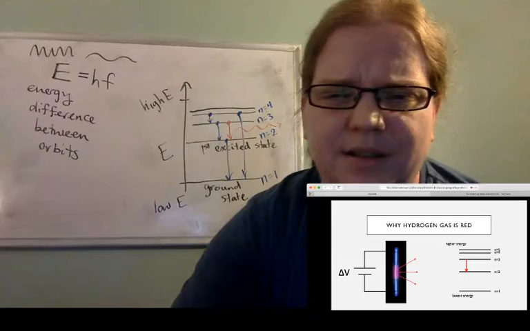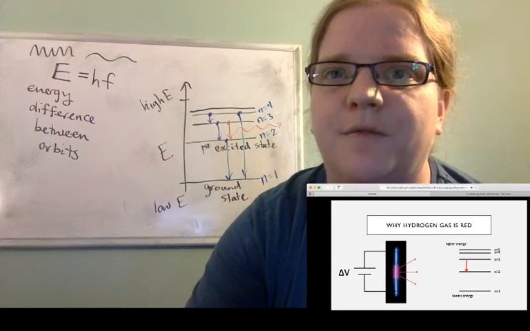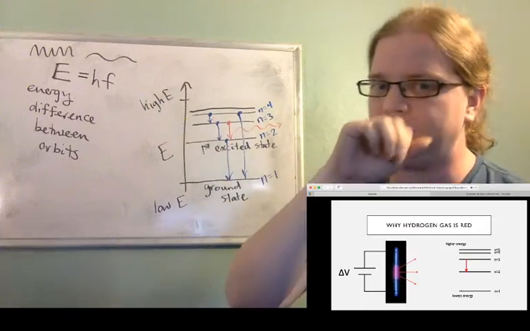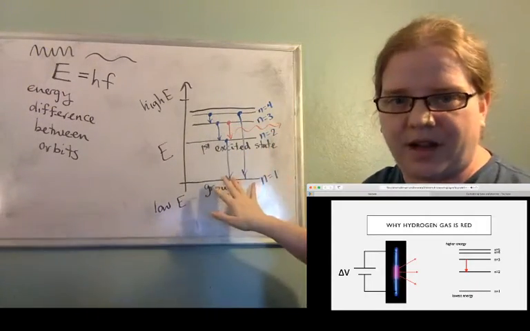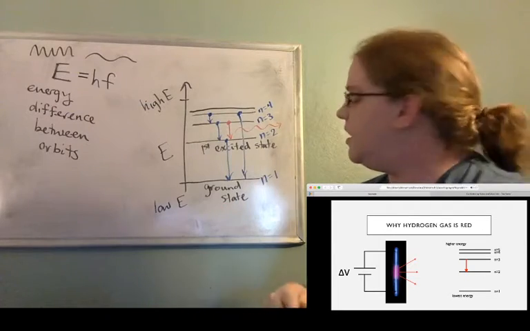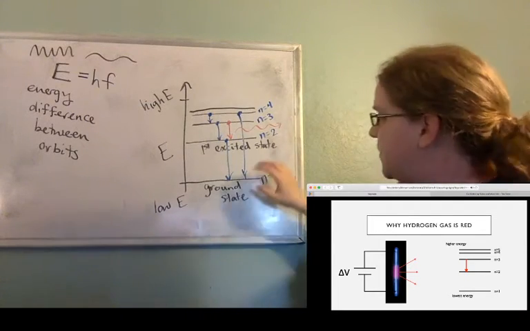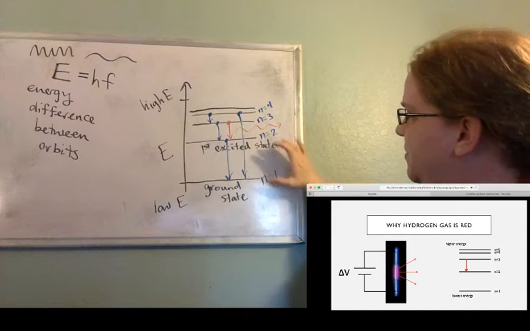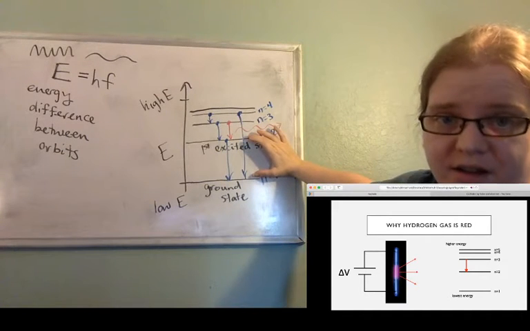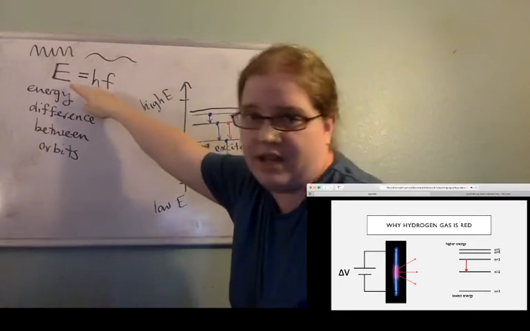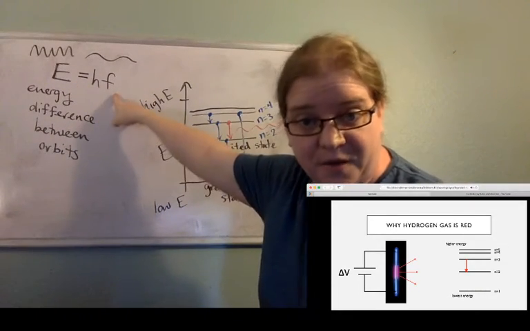So let's see, I forget exactly how I phrased the next slide. Oh, we're doing the Rydberg stuff. So it can do other colors as well. We'll talk about it here. Between 2 and 1, this is a bigger energy drop, right? So a bigger energy, bigger E, will correspond to a bigger frequency.